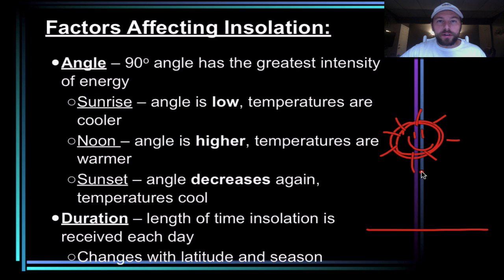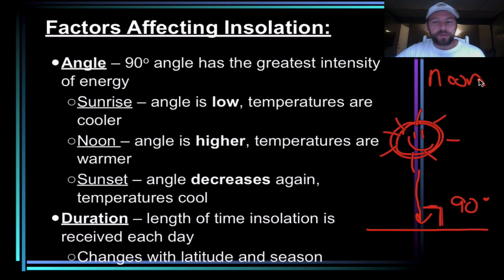If the sun is directly overhead, the sun's energy comes straight down, and it forms a 90-degree or right angle right here. That is when the energy has the greatest intensity on Earth's surface. At noon, we would expect to see the sun close to overhead or at a 90-degree angle with the ground, depending on your location on Earth. So this would be noon.